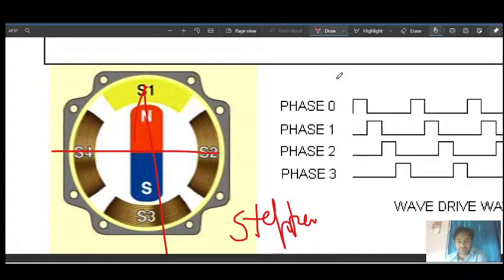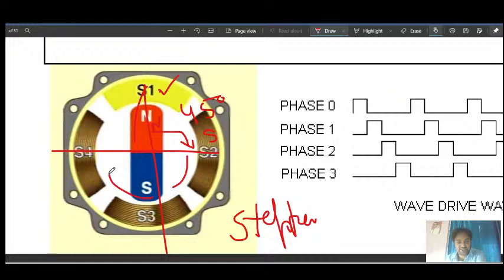As I was saying, it will rotate in the first step, when this pole is activated, so north pole, and then when current is cut off and this pole is activated, the north pole comes here. So in one step it is moving 45 degrees. Next step 45, next step 45, next step 45.